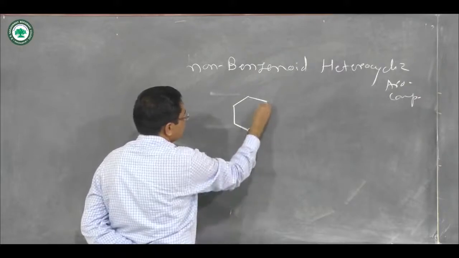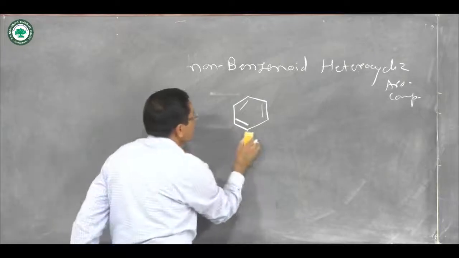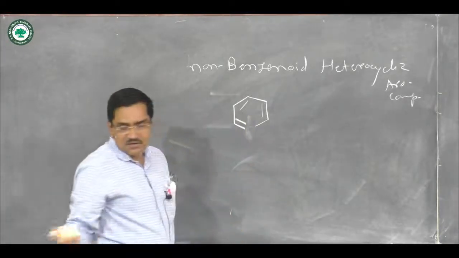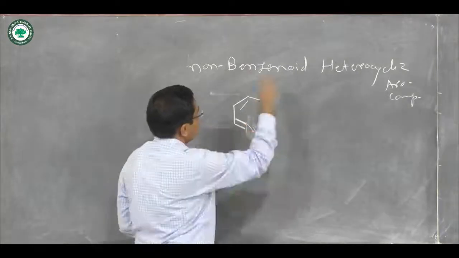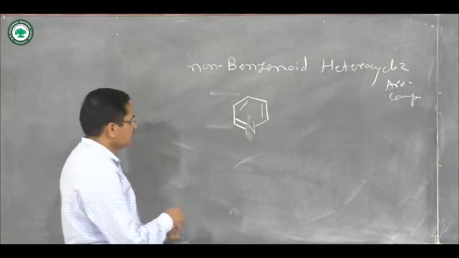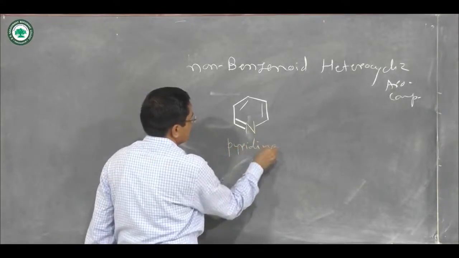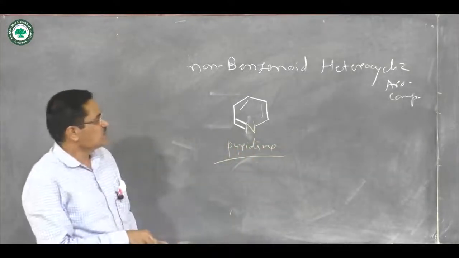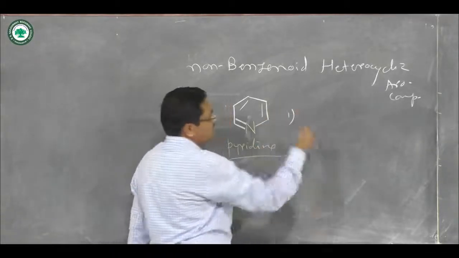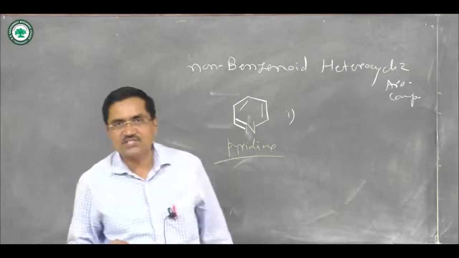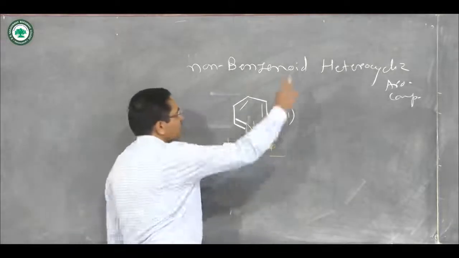Now suppose you consider this example, this is benzene, but when we replace one carbon by nitrogen, then this is called a heterocyclic compound, and the name of this compound is pyridine. Now we will apply these criteria on this compound and find out whether it is aromatic or non-aromatic.